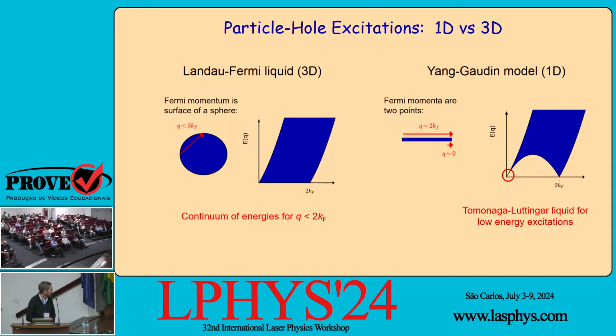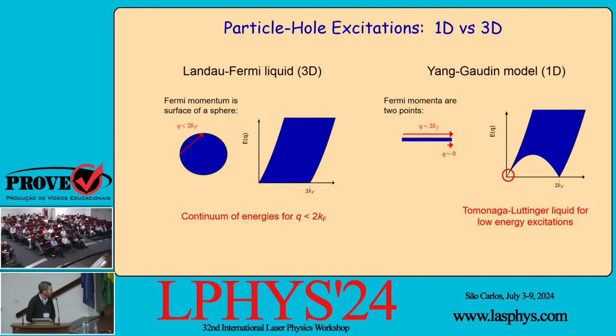So the particle-hole excitations are different in 3D versus 1D. In 3D, we have a continuum of energies for exchanging some momentum q, which is equal to the diameter of the Fermi sphere, and those excitations can have any energy between 0 and the Fermi energy. Now, in 1D, it's completely different because the Fermi surface is not really a surface, there are points.